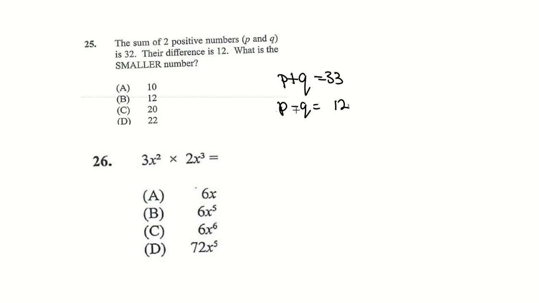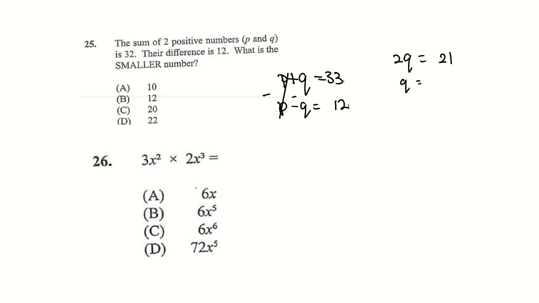We'll have to do this simultaneously. You get rid of P, you subtract. P minus P cancels out. Q minus minus Q is Q plus Q, which is 2Q.